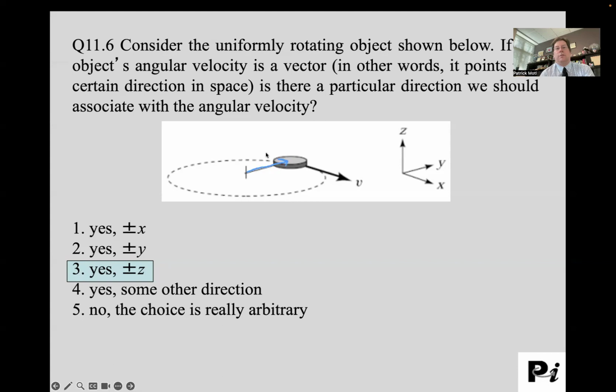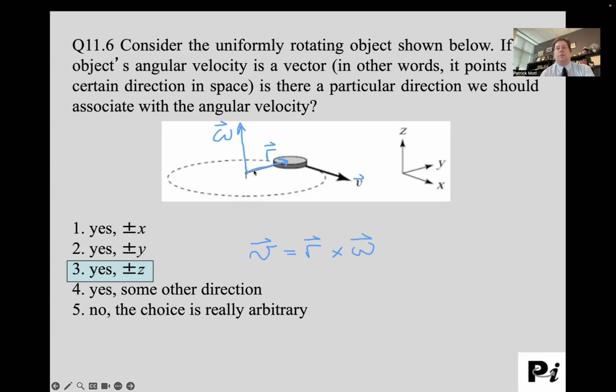So there's a position vector right now to the puck, and there's its velocity vector. If I have an angular velocity that is constant and pointing up, then what we can say is that v, the linear velocity, is going to be equal to the cross product r cross omega.